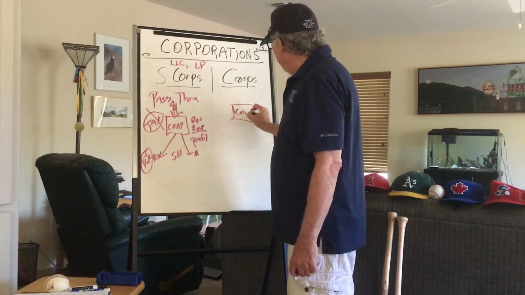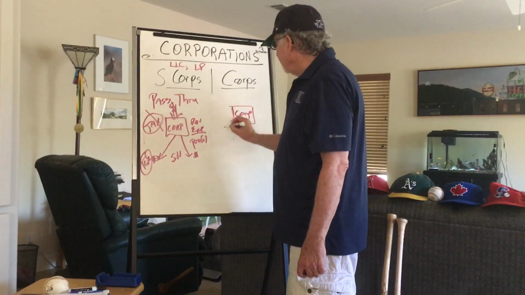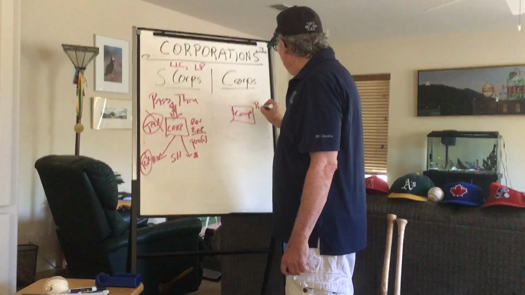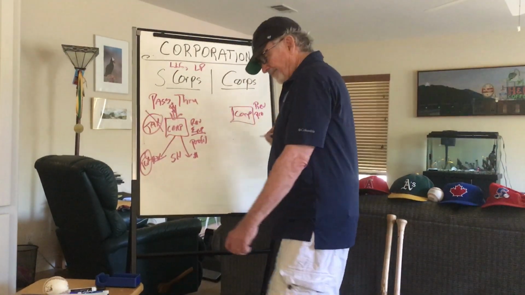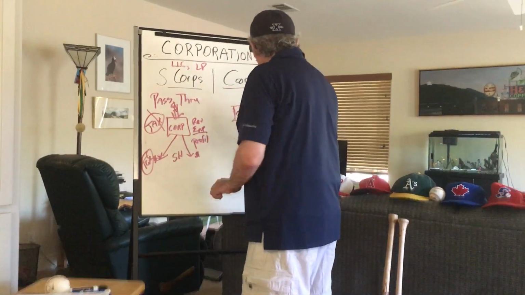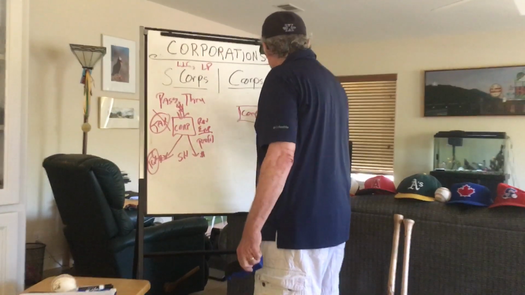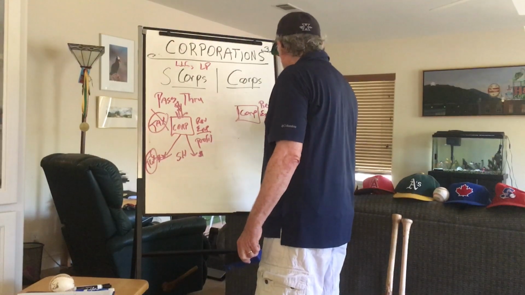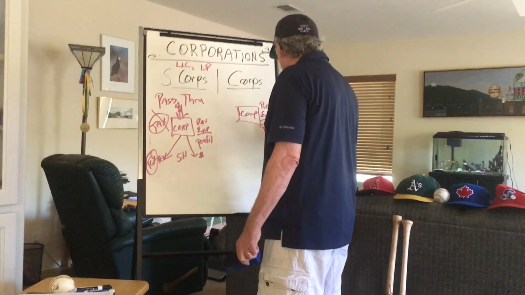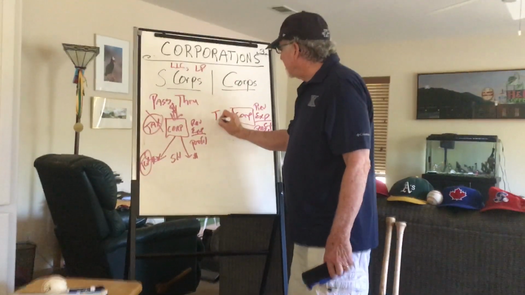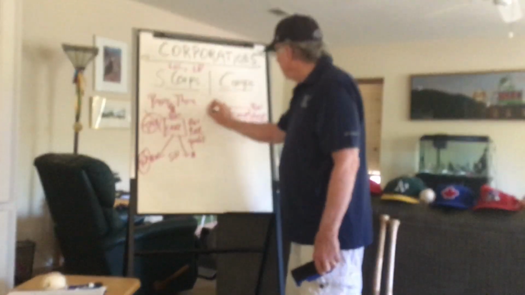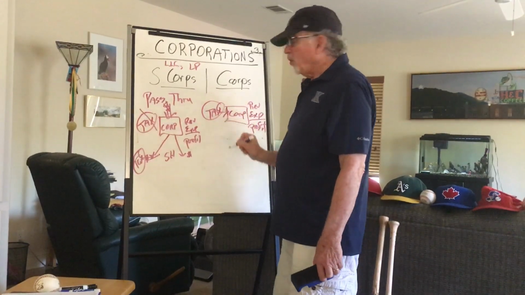A similar example with a C corporation is you have your revenue, expenses, and here's your profit. But there's a tax on the corporation itself.